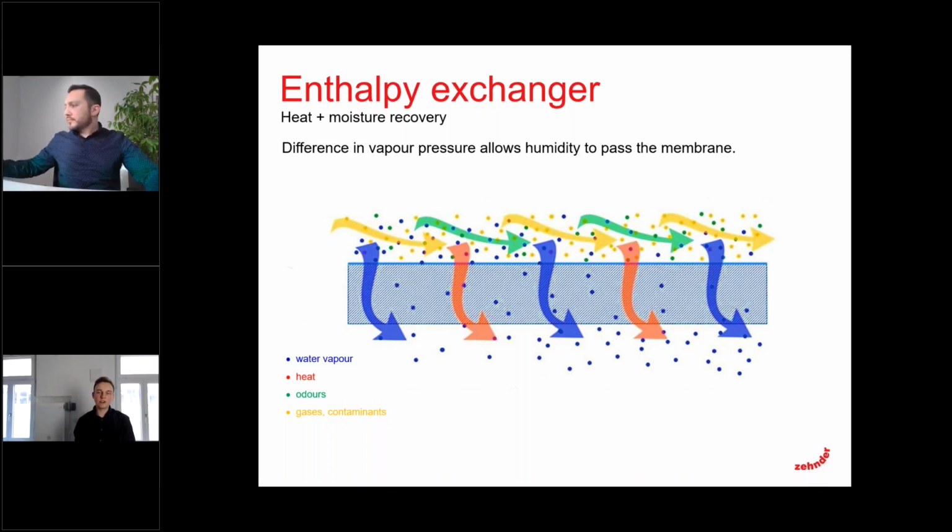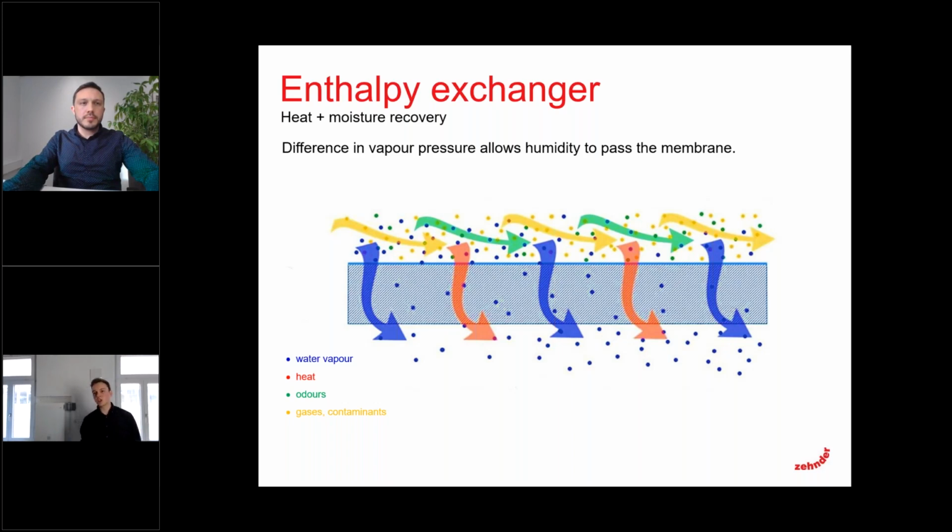So in total, we have a higher recovery efficiency because we are using the sensible and also the latent energy which is in the air. Therefore, we are using a cross-counterflow heat exchanger, which consists of a selective polymeric membrane. Through this membrane, only heat and moisture can be transferred. No gases, smells, or other contaminants can be transferred through that membrane.